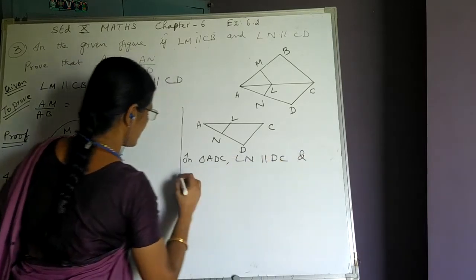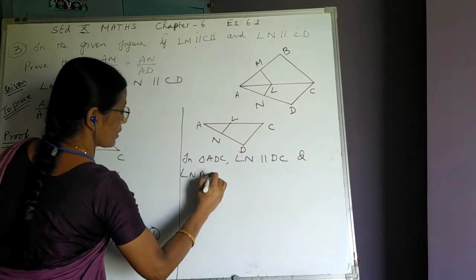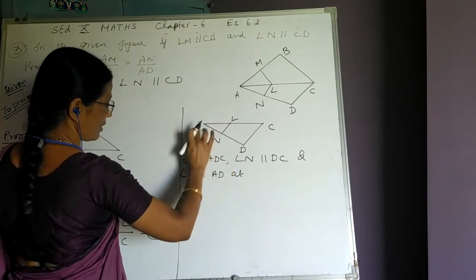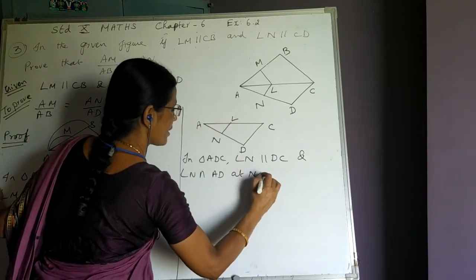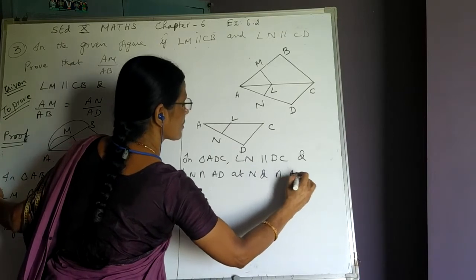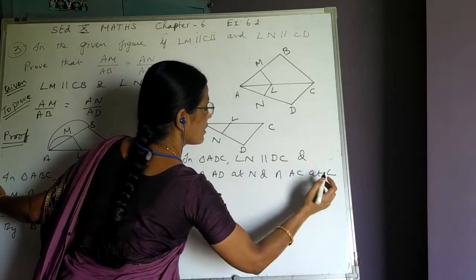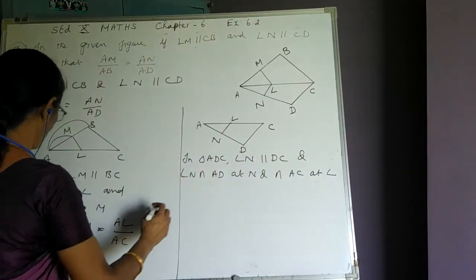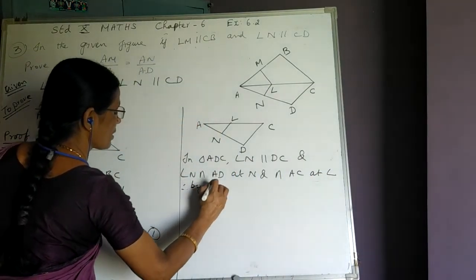Parallel to DC, and LN intersects AD at N and intersects AC at L respectively. Therefore, again by which theorem? By BPT.